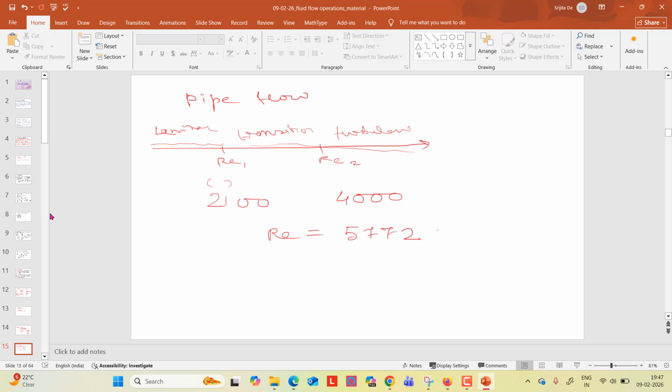Okay. For flow over a flat plate, this RE1 is 5 into 10 to the power 5 and RE2 is around 10 to the power 7. Okay. These are the theoretical values.